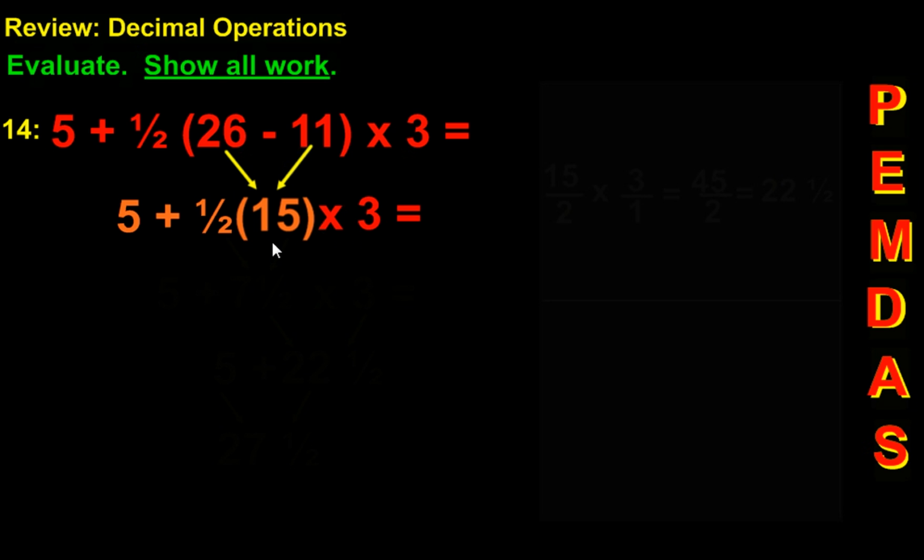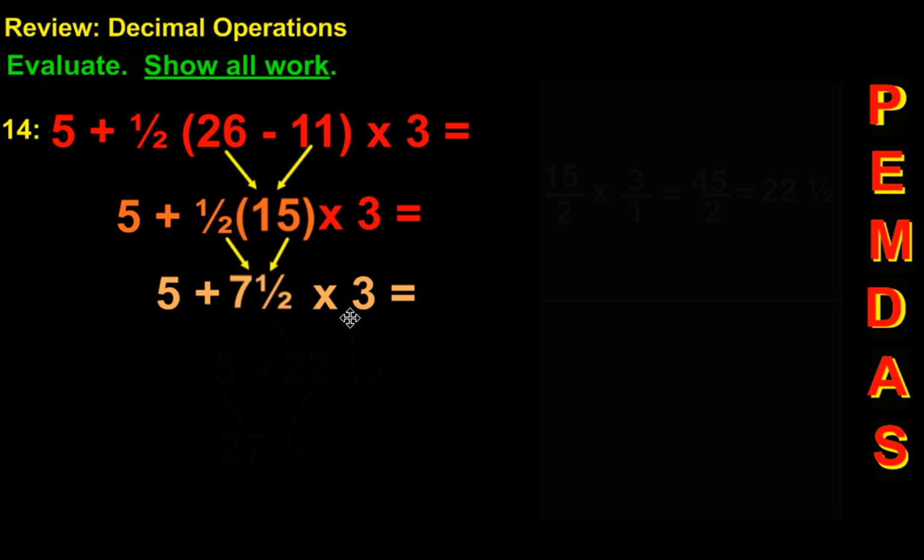Now as I move from left to right, thinking of PEMDAS, I see that I have an implied multiplication between the 1/2 and the 15. So I'm going to go ahead and do that, and that's going to give me 7.5. And then I'm going to bring down the 5, bring down the 3, and now I have a multiplication.